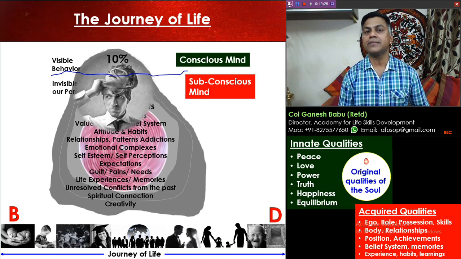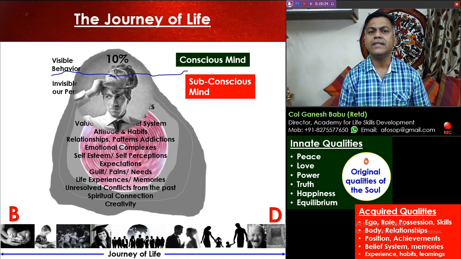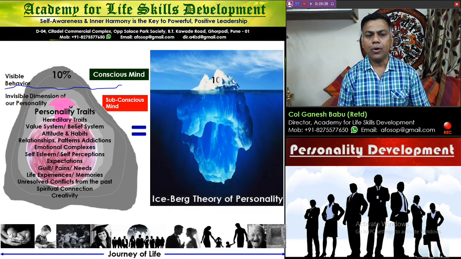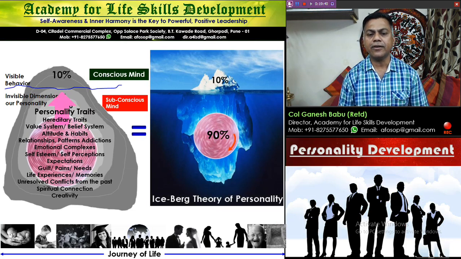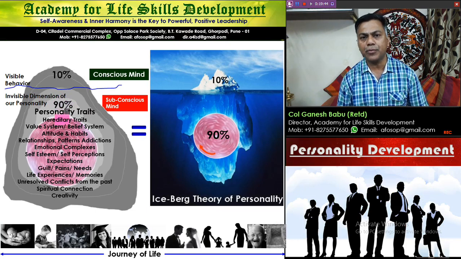But I think there is a methodology, and a requirement, that if you're going for a personality-based selection, or if you want to grow as a person, you must know what is inside you. Now, I'm sure all of you have seen this iceberg theory of personality, at least some part of it, in educational or professional life.